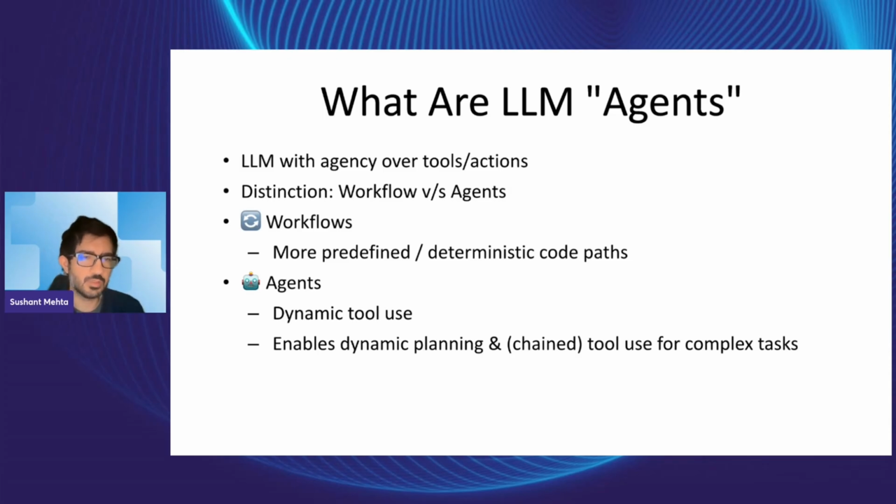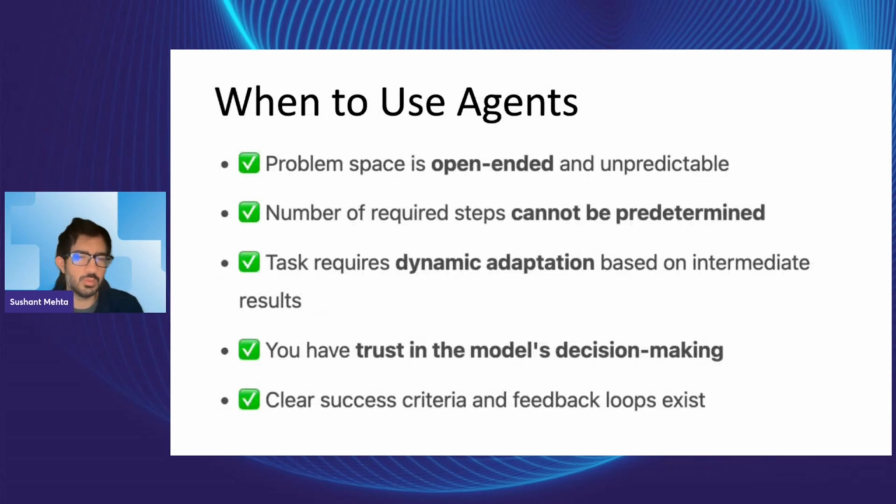Whereas agents, on the other hand, should be capable of dynamic tool use. They should be able to do planning, and then sequentially call real world tools, for instance doing a web search, using a Slack API, using a calendar, and so on, for complex tasks. I also want to quickly touch on what are good use cases for agents.